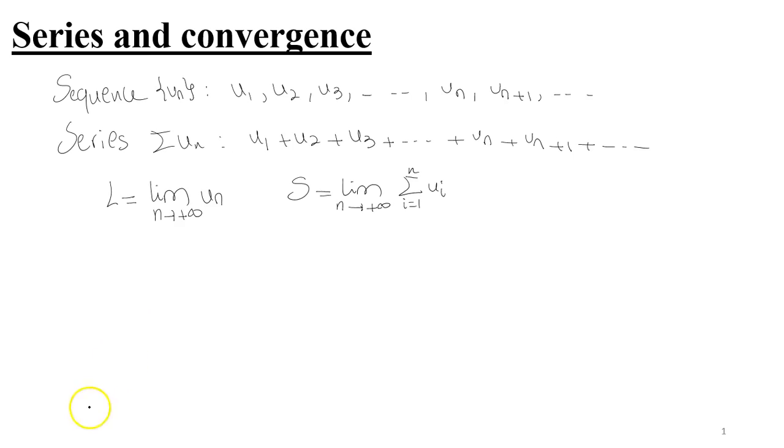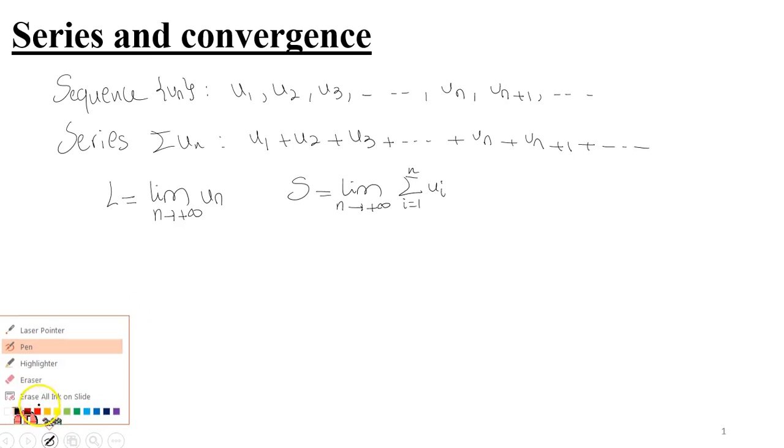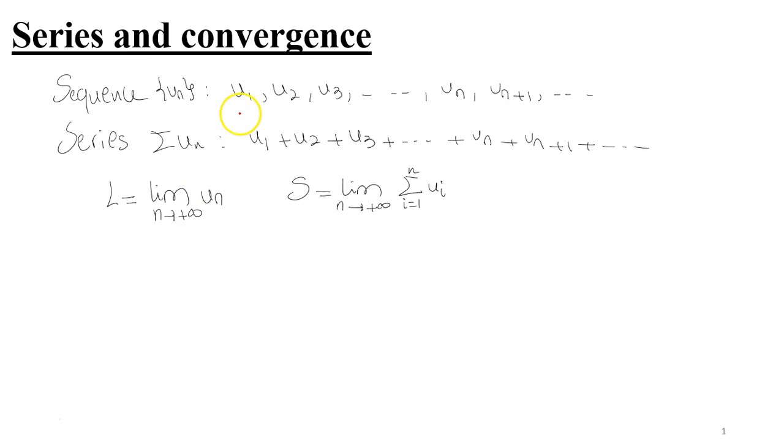So where do I find each? I just called L the limit of the sequence. Where do I find that limit in the sequence? The limit of the sequence is the value at which the terms of the sequence start converging, starting from a certain rank. Starting from a certain rank, all the terms of the sequence are approximately equal to L. Of course, this is a limit, so the terms would be approximately equal to that limit.